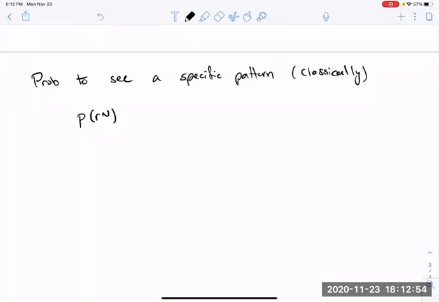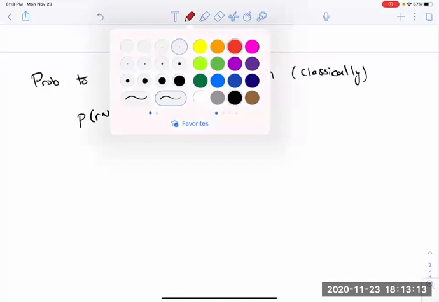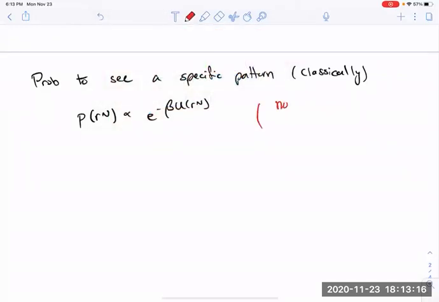That would be the probability of seeing all the particles in a very specific position in space, and we know what that is. That's just given by its Boltzmann factor. In fact, it's given by its Boltzmann factor incorporating only the potential, because we know that in a classical system, kinetic energies factorize in the total energy from potential energies, therefore rendering the positional degrees of freedom statistically independent from the momentum degrees of freedom.